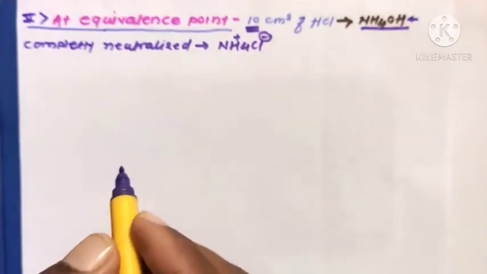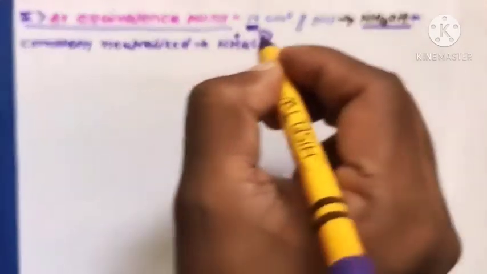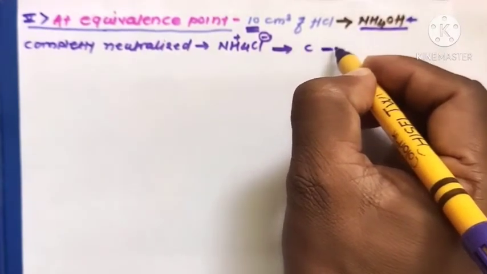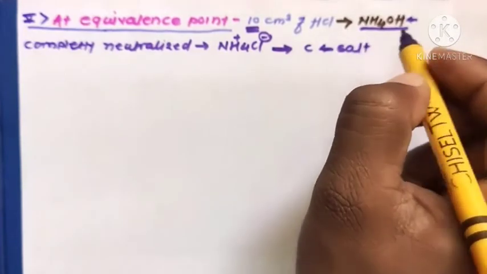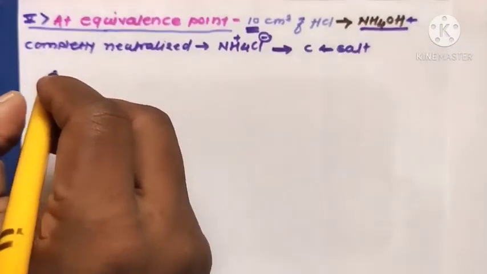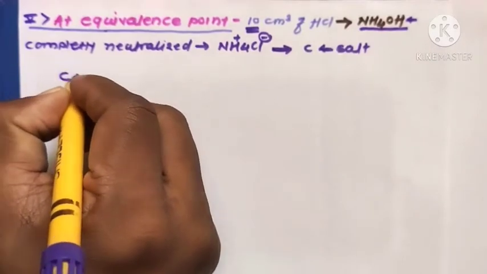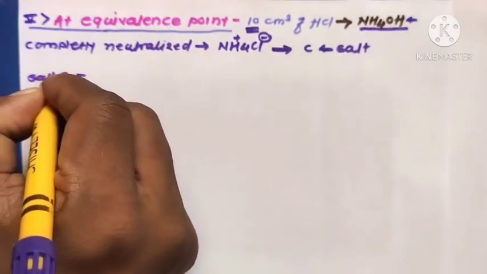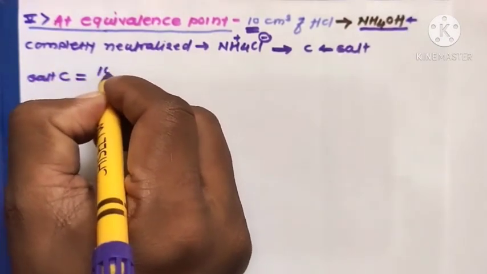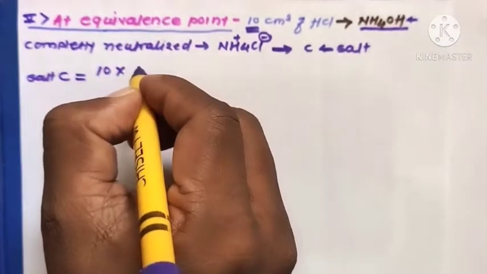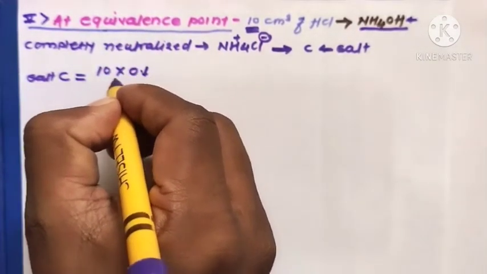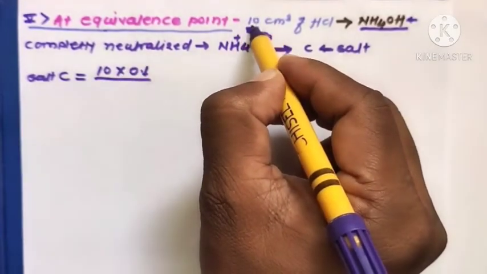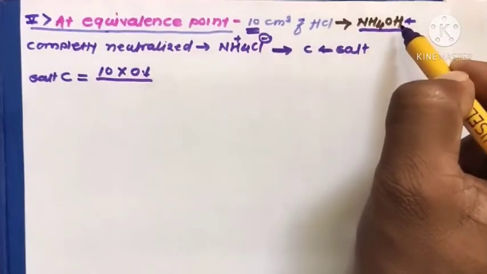Therefore the concentration C of the salt molecules is equal to 10 into the molar concentration of the solution, 0.1, divided by the total volume, that is, 10 cm cube of HCl from the burette and 10 cm cube of base solution in the conical flask.